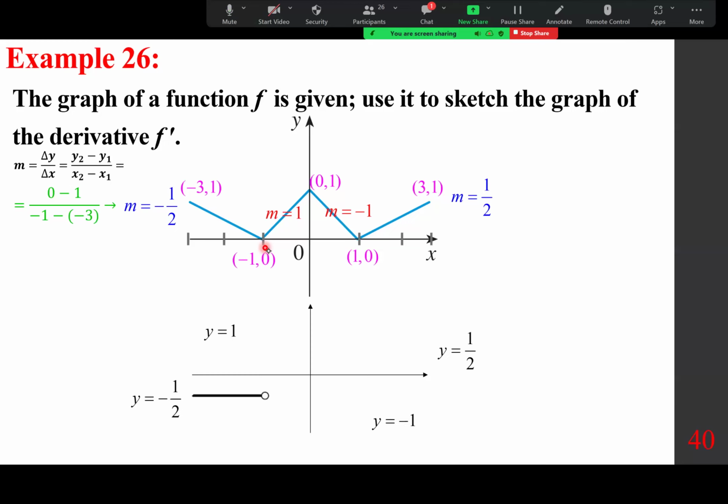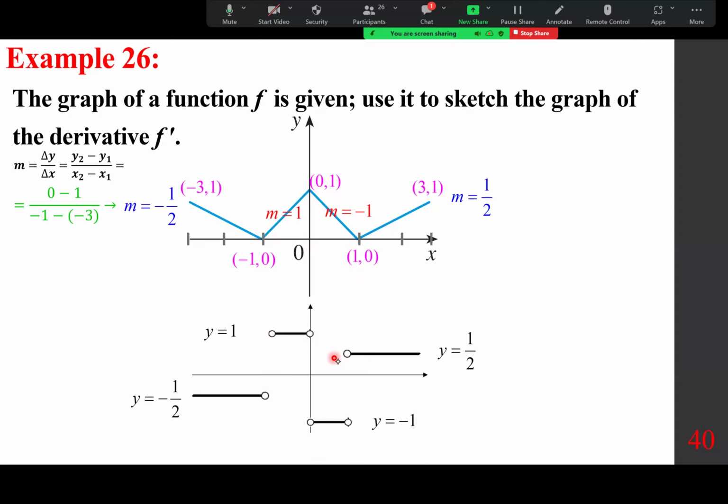We write the rest of them. Y equals 1. Y equals 1/2. Y equals -1. And again, please understand this one. Sharp corner here, sharp corner here. This one, sharp corner here, sharp corner here. And the last one, sharp corner here.